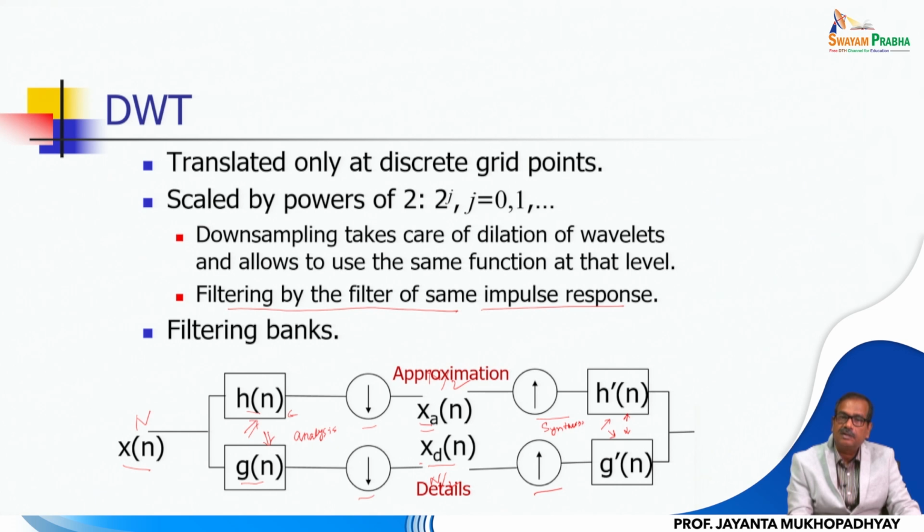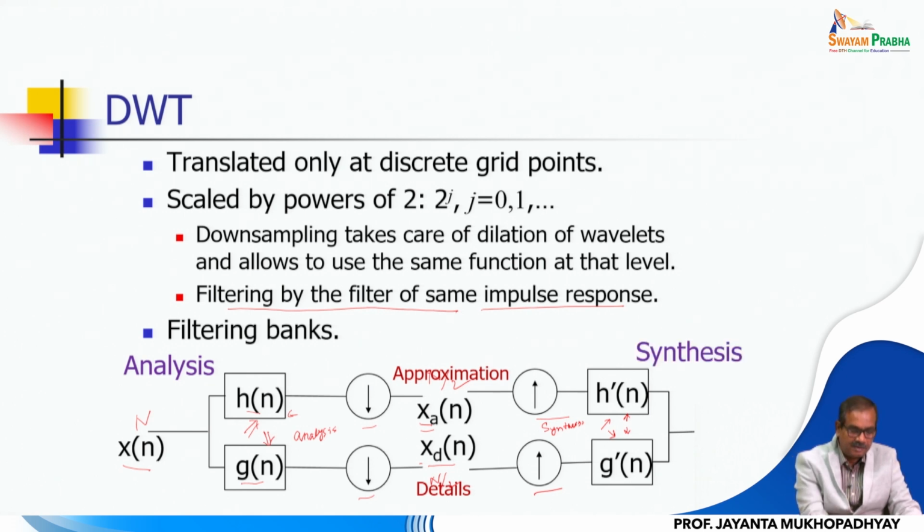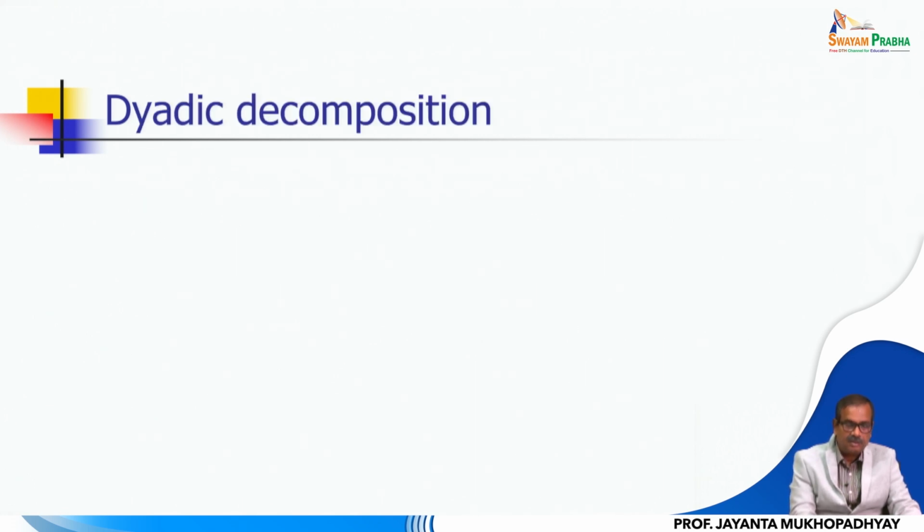Now there is a theory called quadrature mirror filter theory, and with that theory you can generate this signal. I have already mentioned this part is analysis, this part is synthesis. So this decomposition could be performed at multiple stages, and there is a kind of decomposition which is called dyadic decomposition.